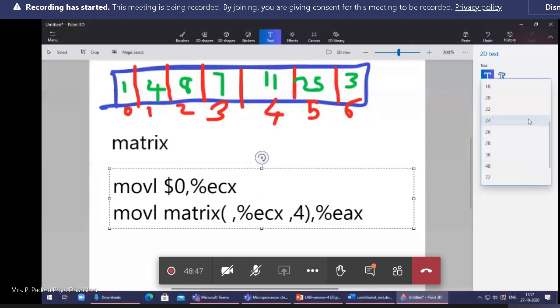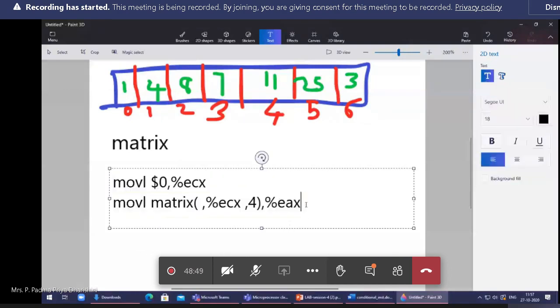Now the meaning of the second instruction: matrix gives the base address of the array. We are going to add it with 0 multiplied by 4, that is 0 only. So the 0th element of the array, that is the value 1, is moved to the EAX register.